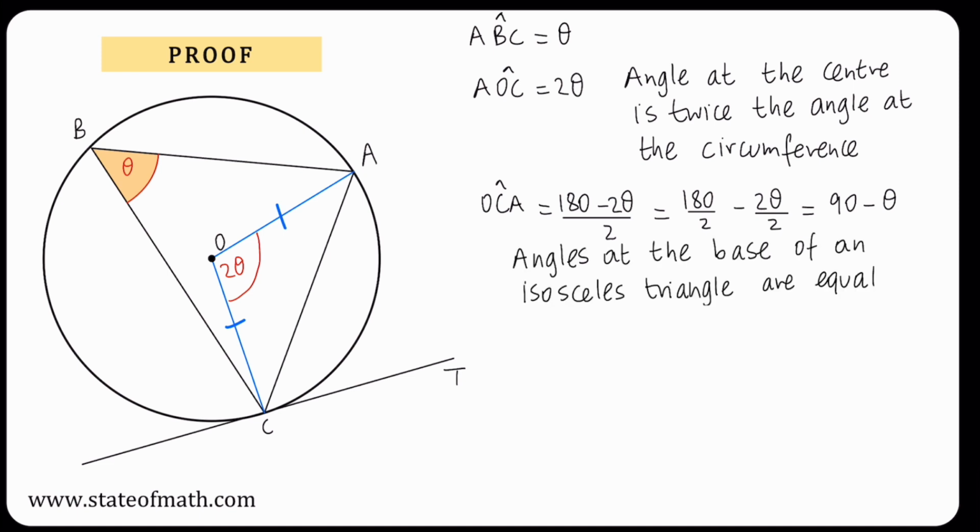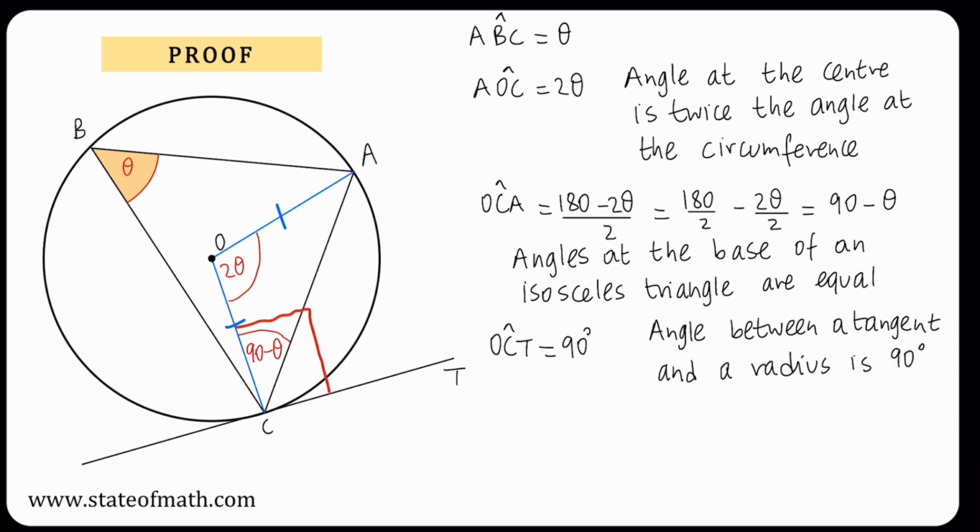So I will annotate my diagram. Angle OCA is 90 minus theta. Now we also know that angle OCT here is 90 degrees. The reason is that the angle between a tangent and a radius at the point of contact is 90 degrees.